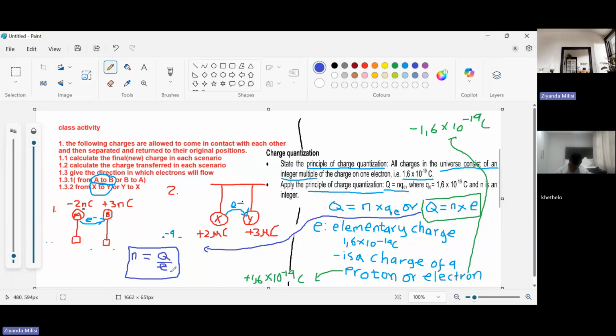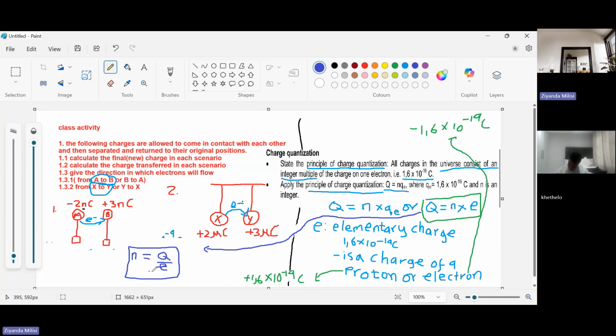E stands for elementary charge. Remember, if your charge at the top is a positive charge, it means you will use the charge of a proton. If your charge is a negative charge, you will use the charge of an electron. Are we together on that one? Yes, ma'am.